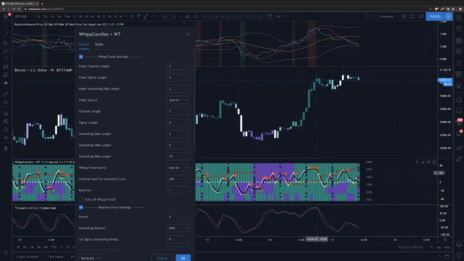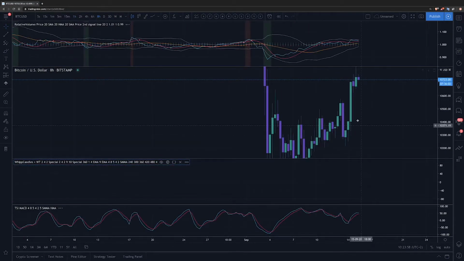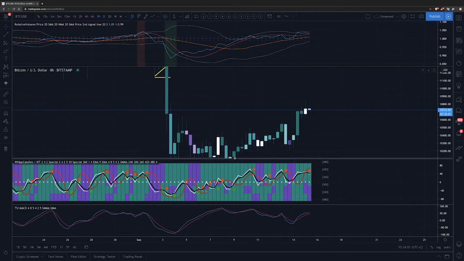So for example, here we would have had the 480 signaling purple. Midnight, 14th to the 15th midnight, the 480 is green, which is bullish. So let's change this to an 8 hour chart, and we have to ignore the candle colors here.